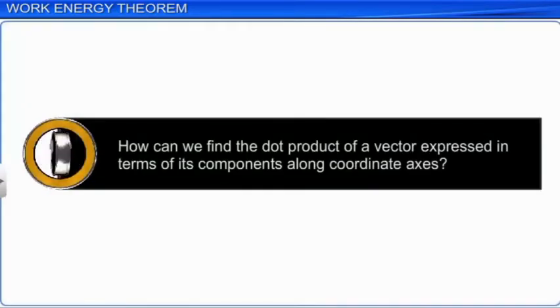How can we find the dot product of a vector expressed in terms of its components along coordinate axes?